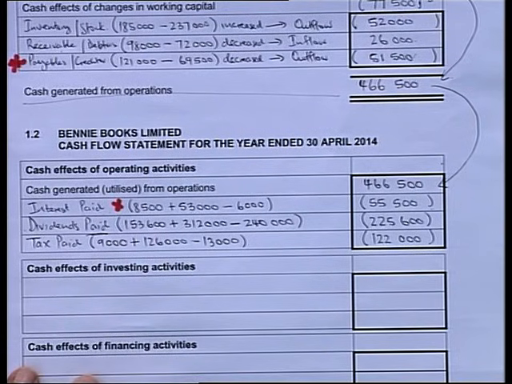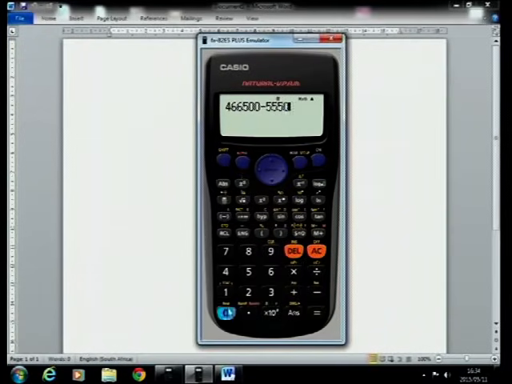466,500 minus 55,500 minus 225,600 and minus 122,000.